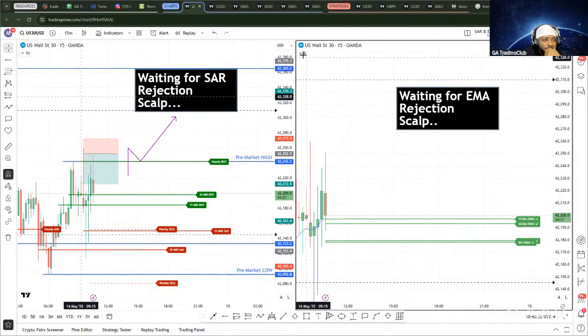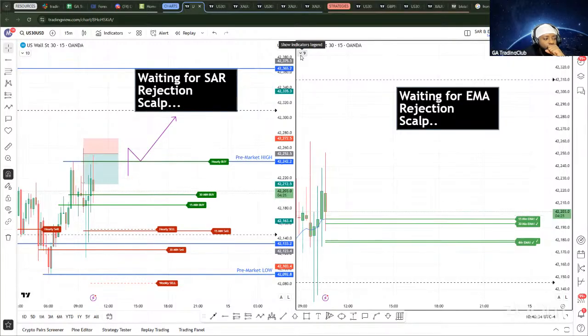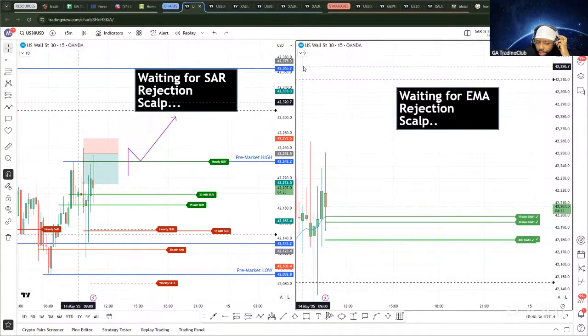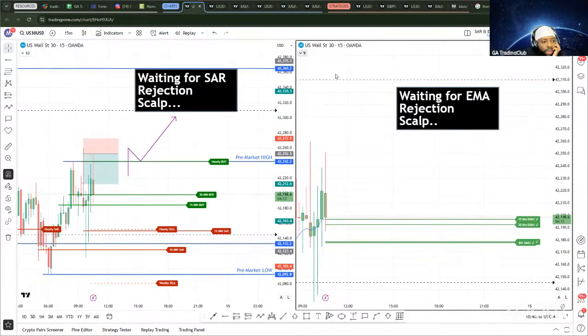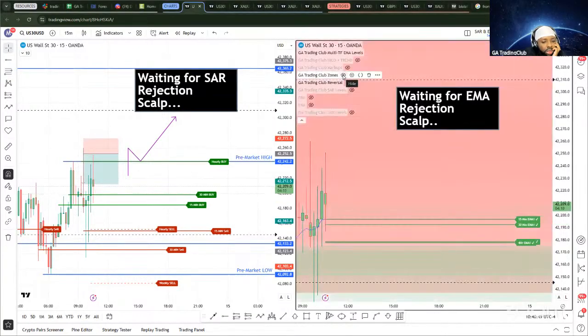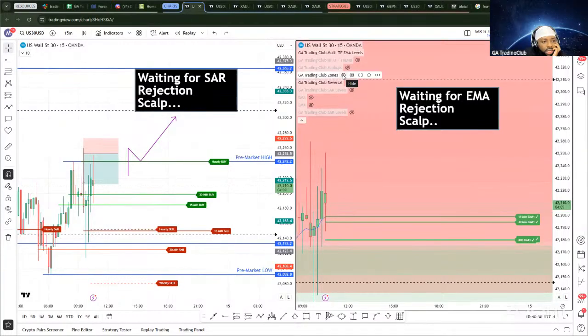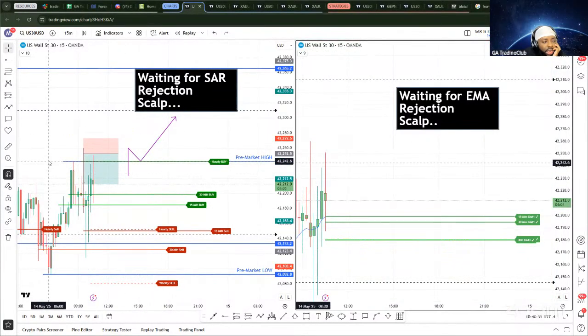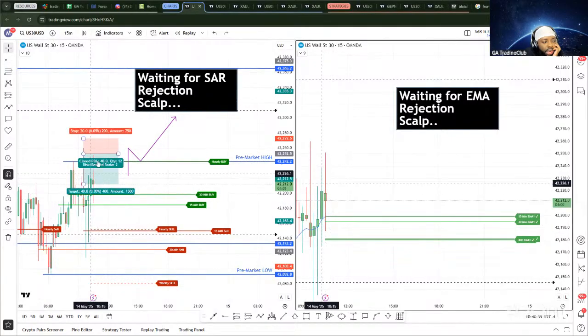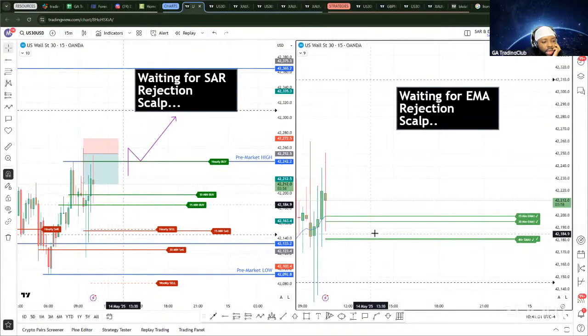And if we do get a closure, in those 4 minutes, below this 15-minute EMA, I think it would be a nice sell. The reason I'm saying that is we've already retested the pre-market high again, and looks like price has come back down heavily from it.